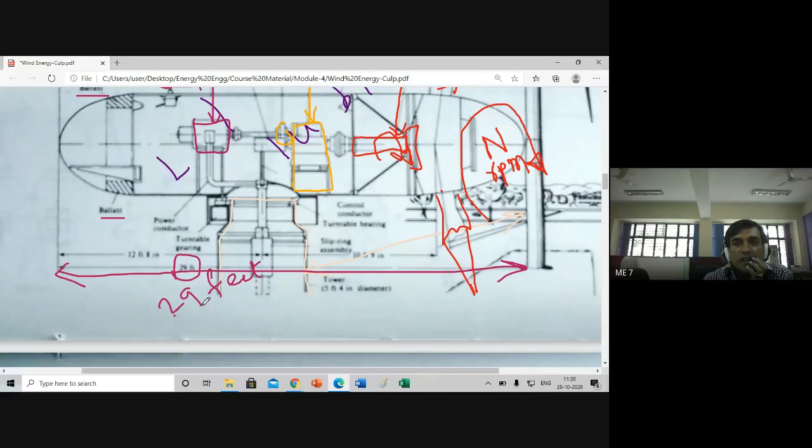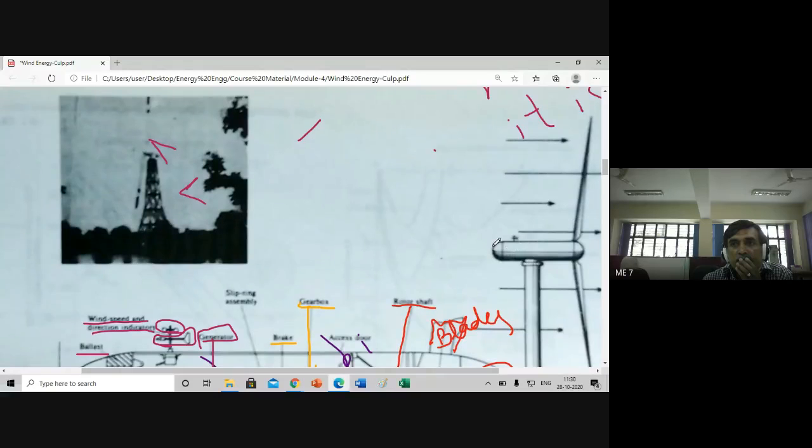If this is 29 feet, the length of the blade is greater than 60 feet, on a 40 into 60 site dimension.